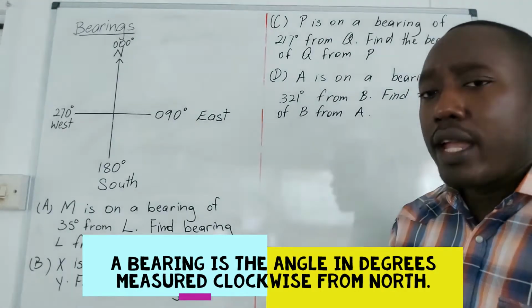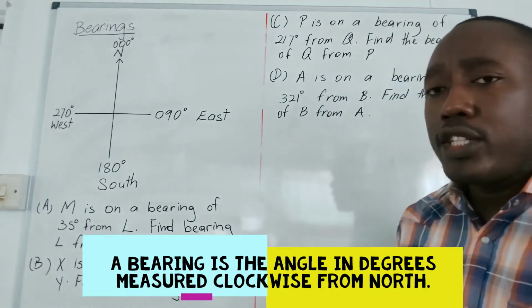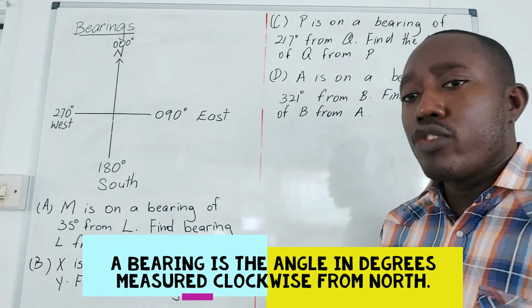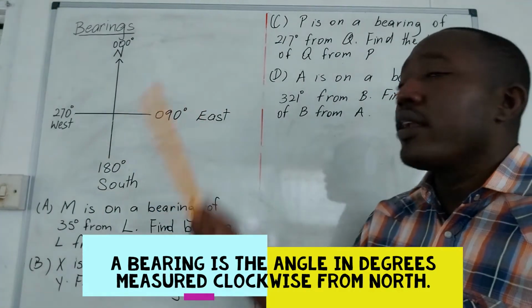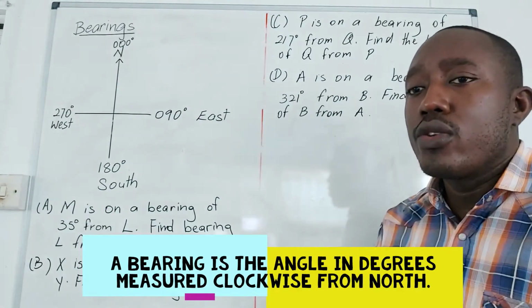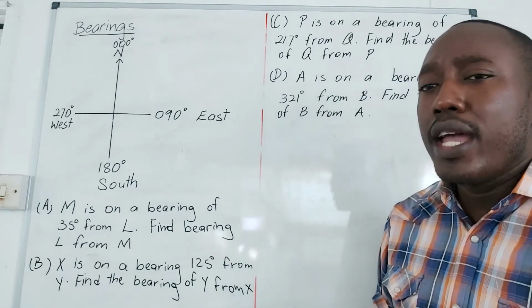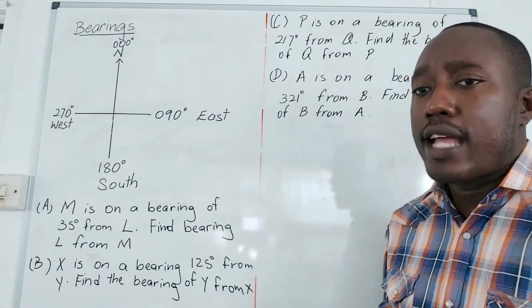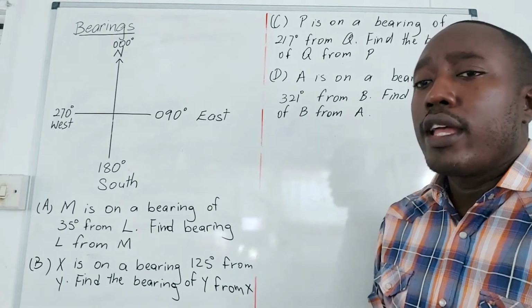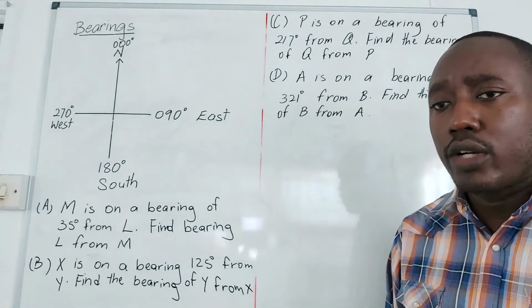So the bearing is a measure from a particular point, and it's measured using three digits. The north line is represented by 000. And we measure from the north line in a clockwise direction.